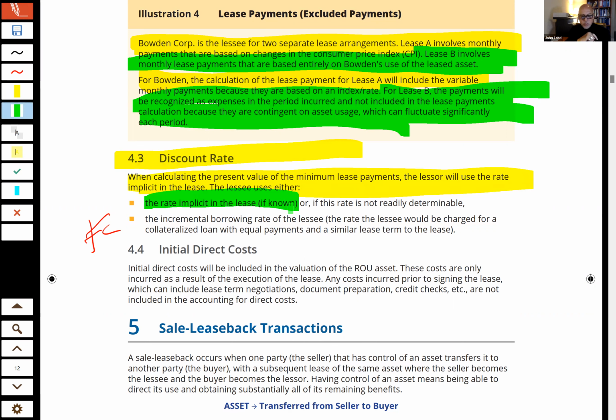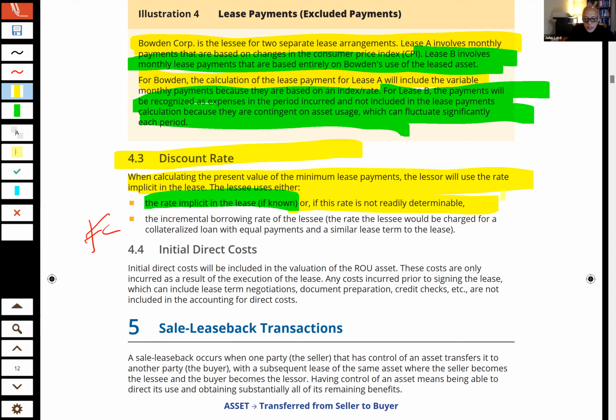Now, sometimes students will ask, well, how would you not know? Sometimes these leases are written in a way where they don't make it very easy to figure out what the actual interest rate is that you're being charged. So you can't use the rate if you don't know it, or if the rate is not readily determinable. You don't know the rate, you can't determine the rate, you can't use it.